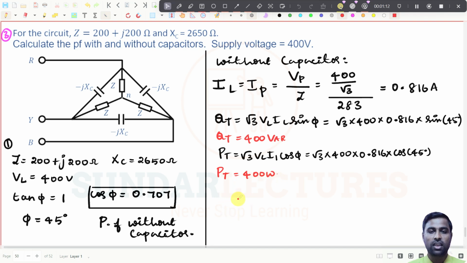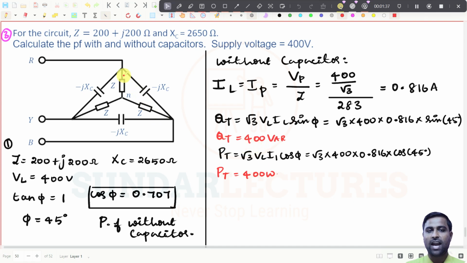See one thing, this real power will not change. If you connect any capacitor, the reactive power is going to change. For this power factor angle of 45 degrees, power factor of 0.707, the value of reactive power is 400 VAR.